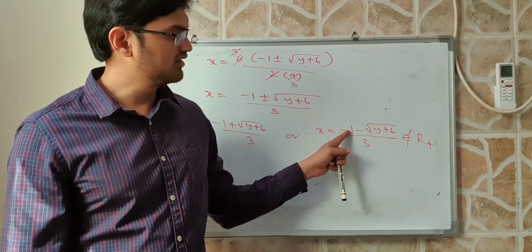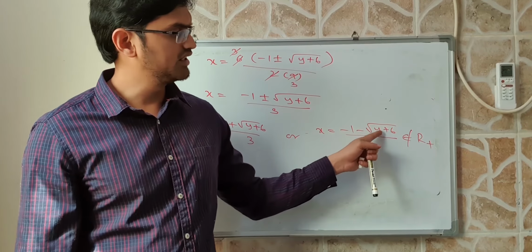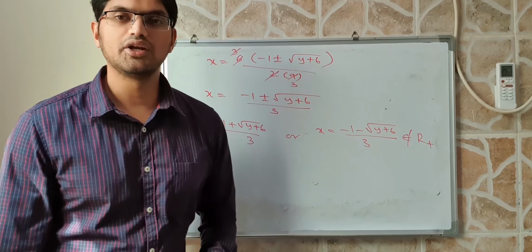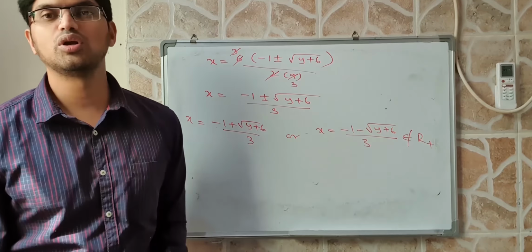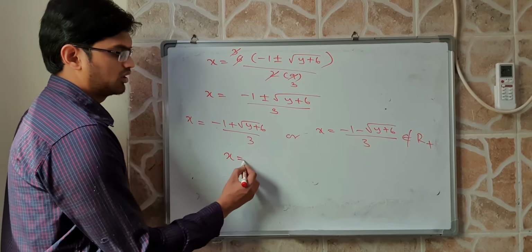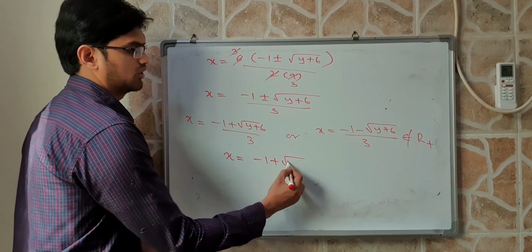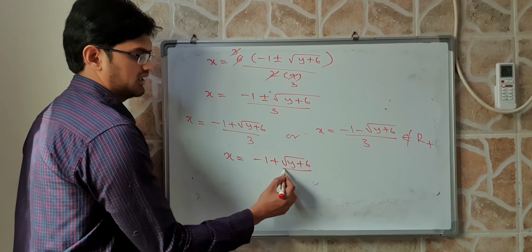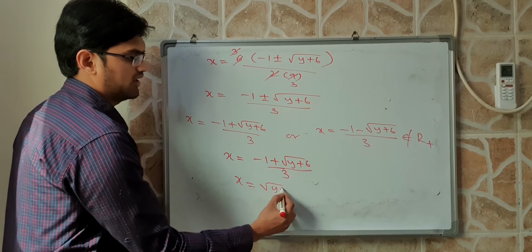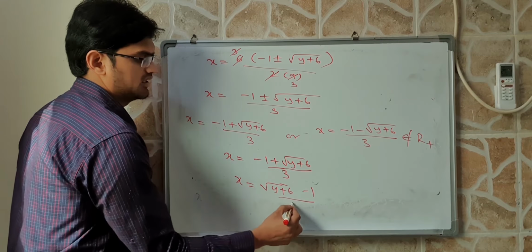So the numerator is minus, this is also minus, divided by 3, the total answer will be a negative number. So therefore this cannot belong to our R plus. Therefore x should be equal to what? Minus 1 plus root of y plus 6, by 3, or you can write x is equal to root of y plus 6 minus 1, by 3.